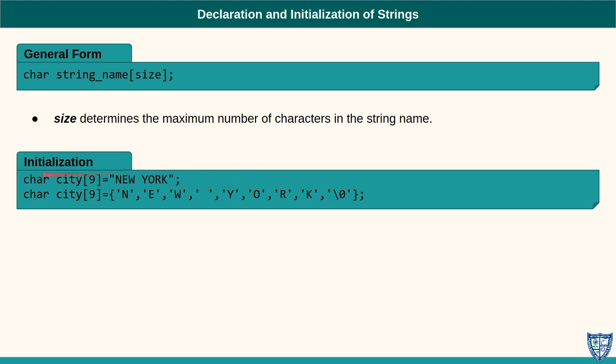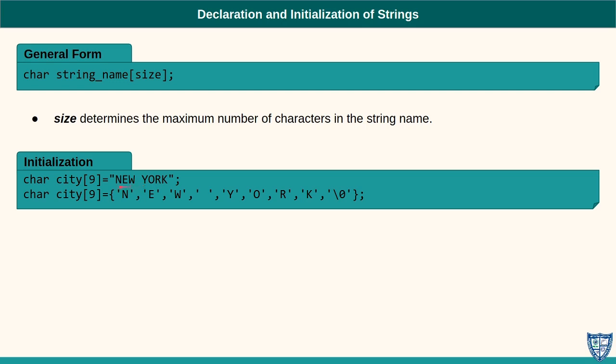For example, in this line, when you initialize a string variable to New York, the compiler will automatically put a \0 or null character at the end of the string. So actually here there are 9 characters, 1, 2, 3, 4, 5, 6, 7, 8 plus a null character. So 9 characters are there, but we will see only 8 of them. The null character is not visible to the user.